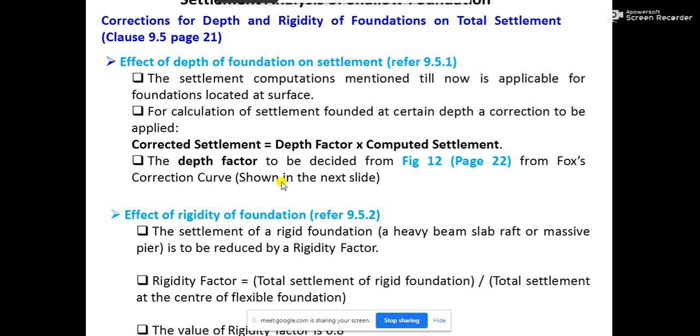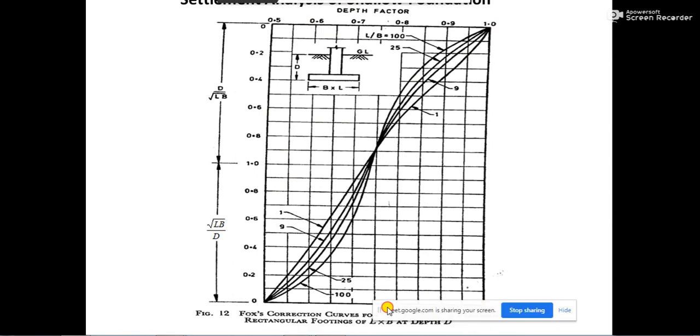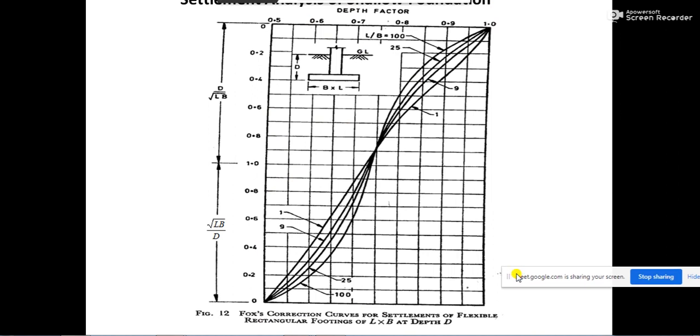If you see this diagram, you can easily observe what Fox's depth correction factor is. This is a chart where along the x-axis the depth factors are plotted.